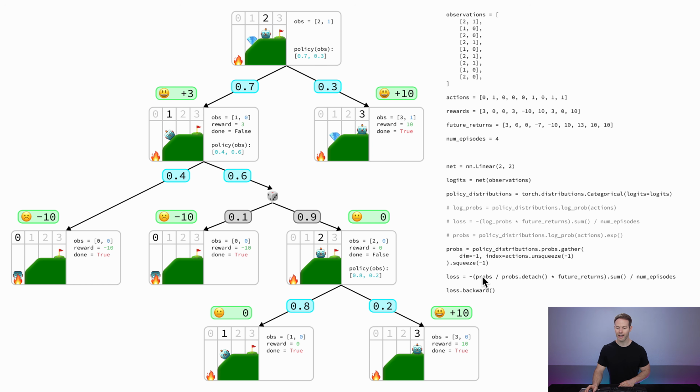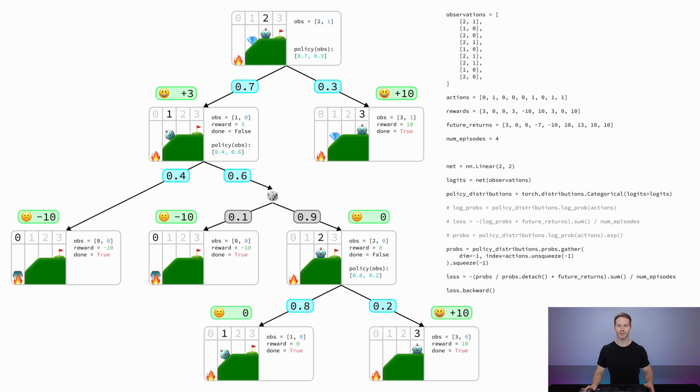So if we just divide this value by the value of this action detached from the graph, so it's just a constant and we're not going to backpropagate through it, then that gets us back up to the probability of ending up in this node. And then we'll multiply that by the future return to get the correct gradient.